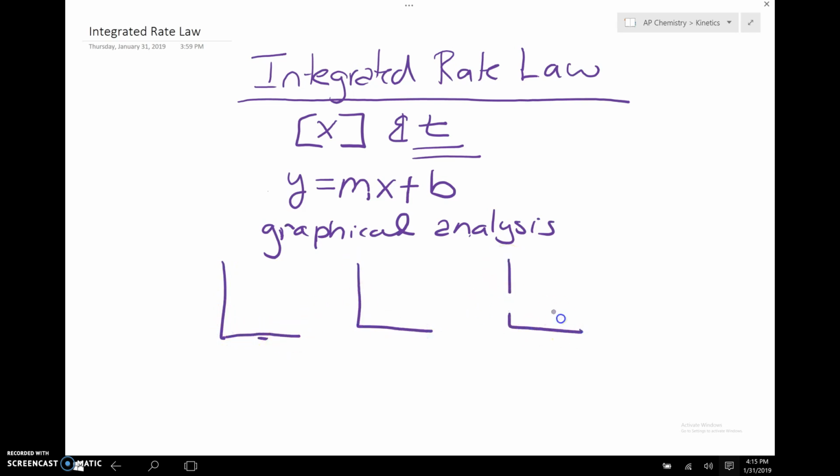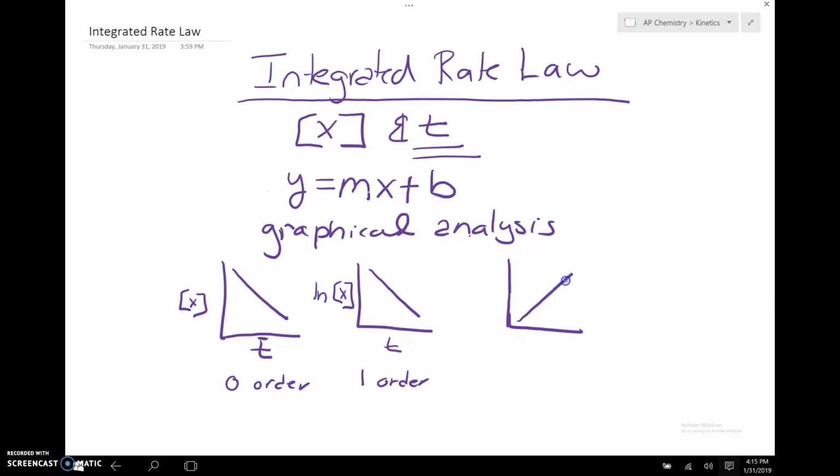So we have 3 options here. If our graph of concentration versus time is linear, then we know it's 0 order. If our graph of natural log or ln of concentration versus time is linear, then we know it's first order.